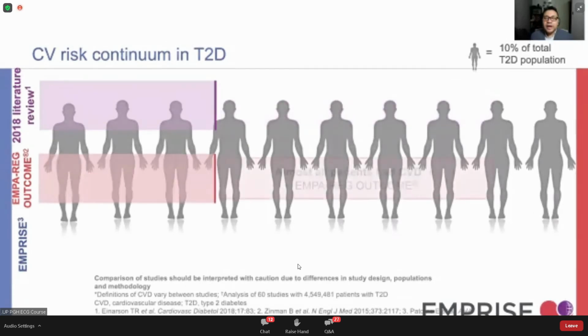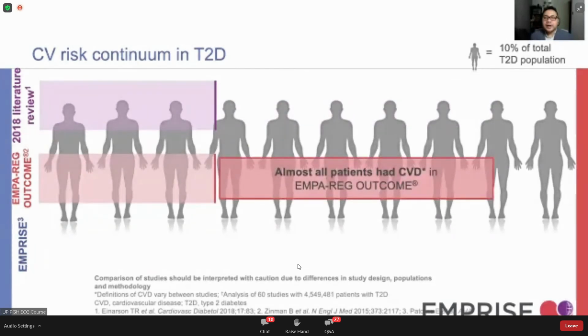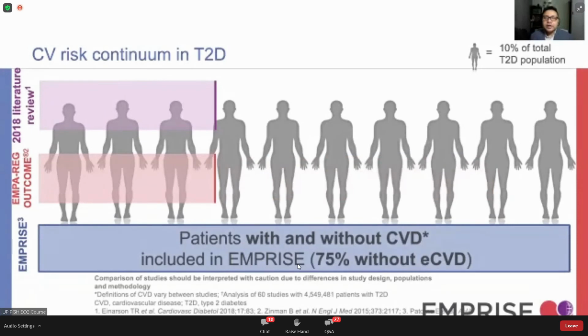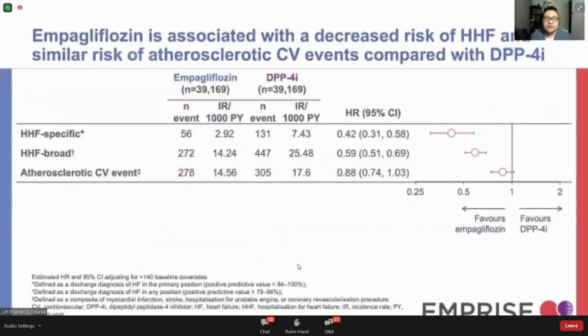And in our EMPA-REG outcome, the one that I have presented, they enrolled almost all patients with cardiovascular disease. But for this real-world evidence trial, they have also included patients without cardiovascular disease, comprising around 75%. So what are the results?